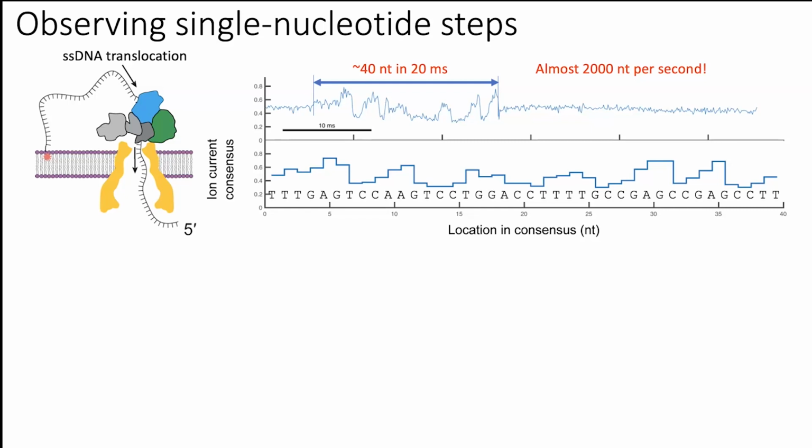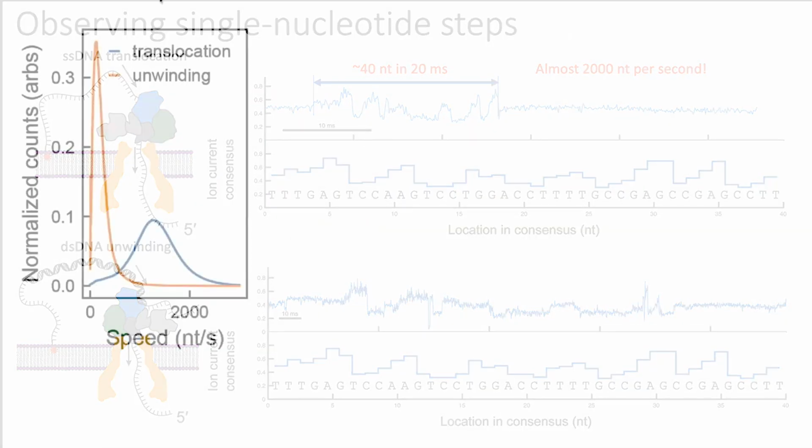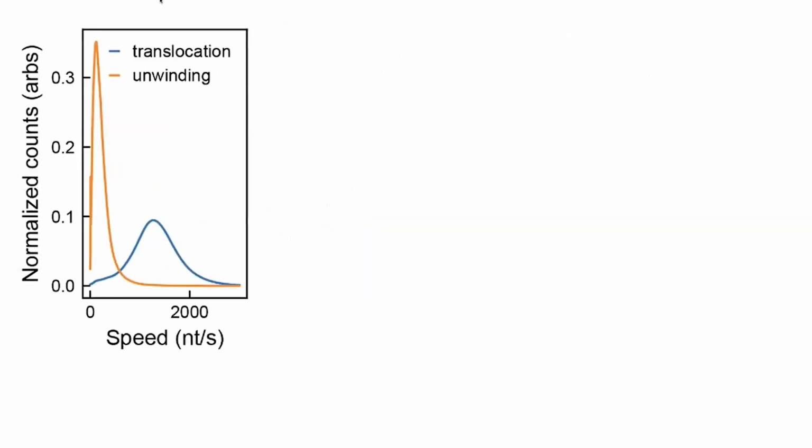And next, we wanted to study the double-stranded unwinding by NSP13, and we find that similar to single-stranded translocation, double-stranded unwinding also occurs in single nucleotide steps. When we compare the average speeds of thousands of events, double-stranded DNA unwinding and single-stranded DNA translocation, we find that the speeds are 8-fold different from each other, and the double-stranded unwinding speed is comparable to the SARS-CoV-2 RTC in bulk experiments.